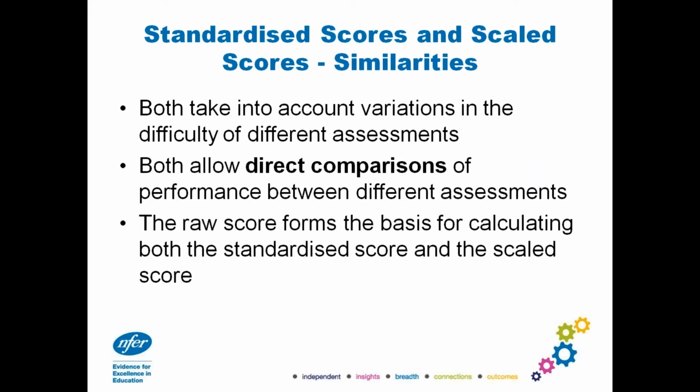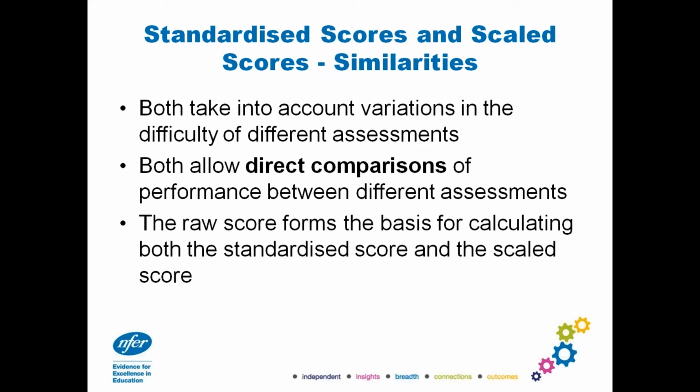So, the similarities between standardised scores and scaled scores. They both take into account variations in the difficulty of the assessments. That's why they're set onto a common scale, so that in standardised scores you've got 100 as the standardised mean, and in the scaled scores, again, it's 100. Both allow direct comparison of performance between different assessments.